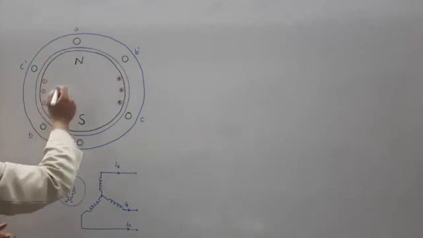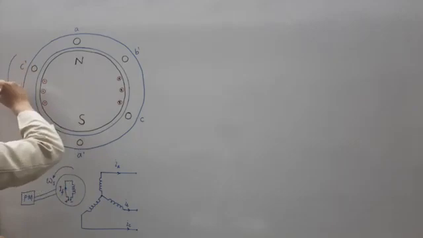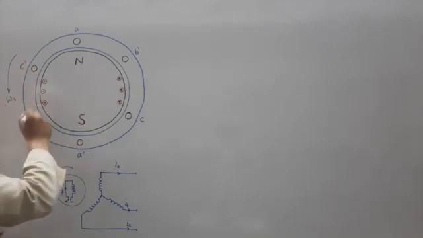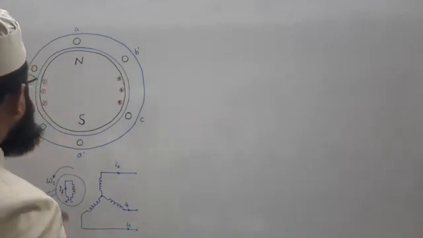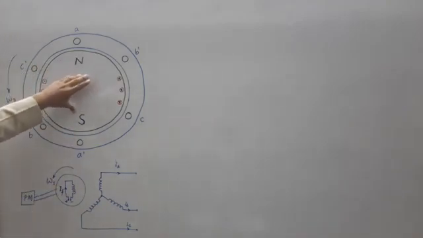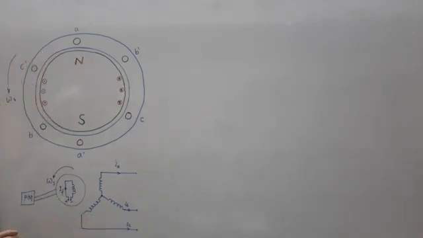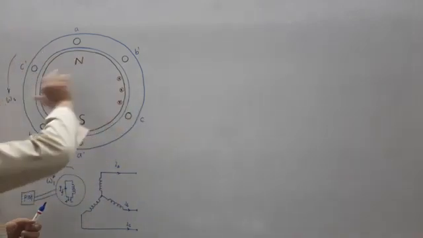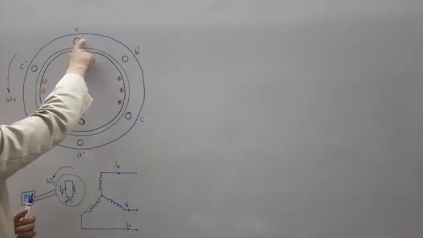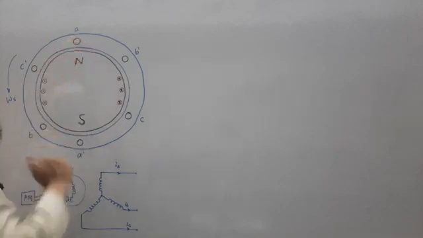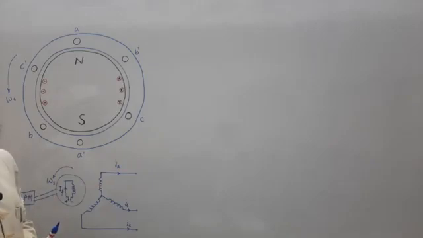Suppose this rotor is being rotated in anti-clockwise direction. Mark here omega s. We may rotate either clockwise or anti-clockwise; let us take any one. So once the rotation of this rotor is anti-clockwise, if you are sitting on the rotor, then the relative motion of the conductor in this slot, let us say A, with respect to this field will be opposite to that.